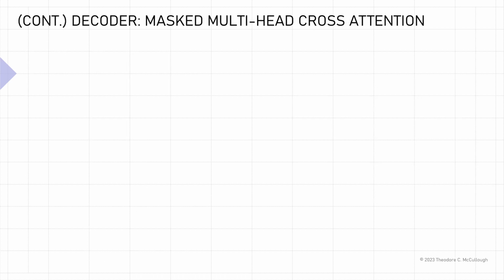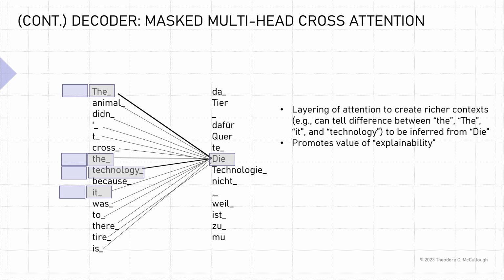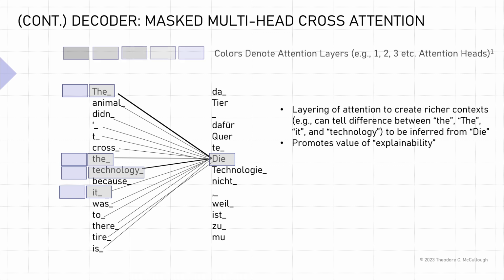Another way to understand masked multi-head cross-attention is with the following graphic. This graphic shows basically the layering of various relationships between words based upon strength, and where this layering of attention can be used to create richer contexts, such that you can tell the difference between, for example, the mapping between D and the, or D and technology, or D and it.